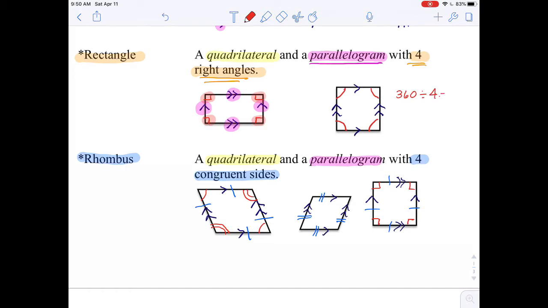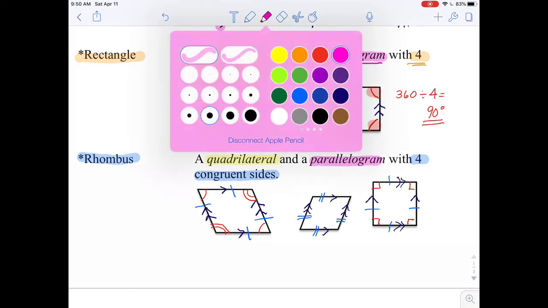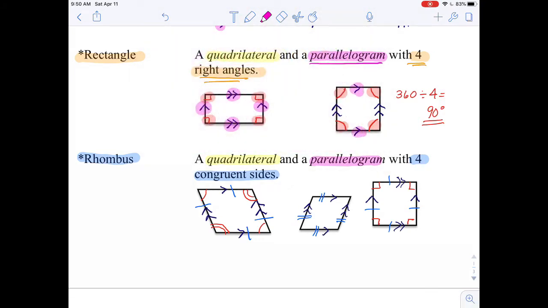And if all of them are the same, when I divide the 360 degrees inside that quadrilateral, that does come up to be 90 degrees. So yes, this is also a rectangle because it does actually have 4 right angles. And, of course, like I said, it also has 2 pairs of parallel sides.